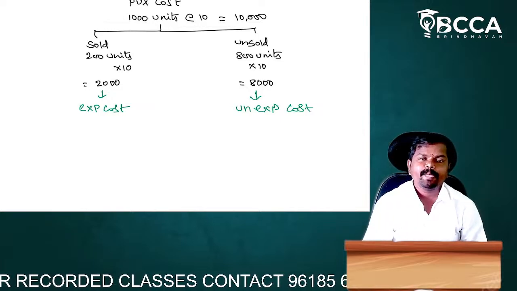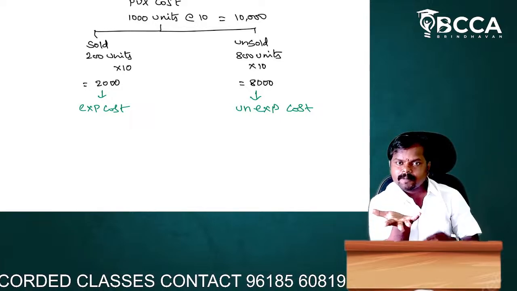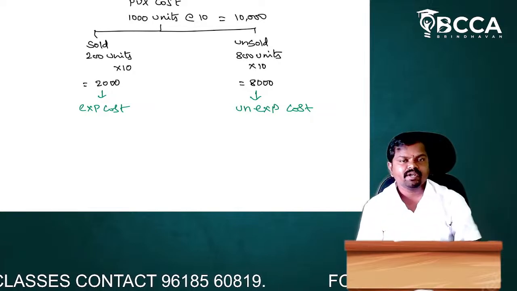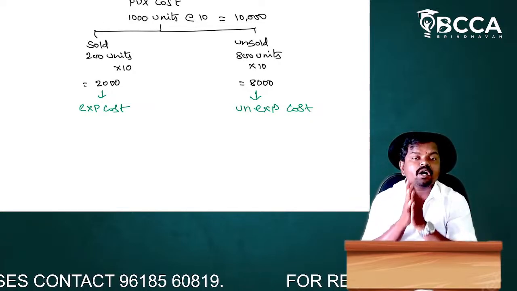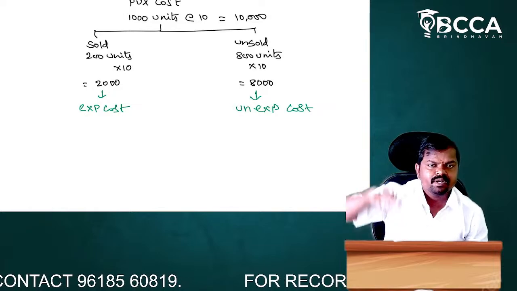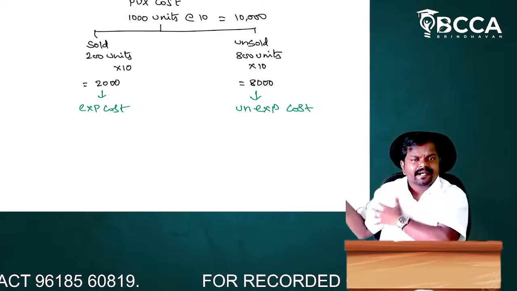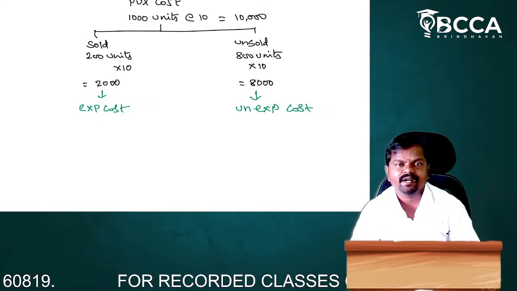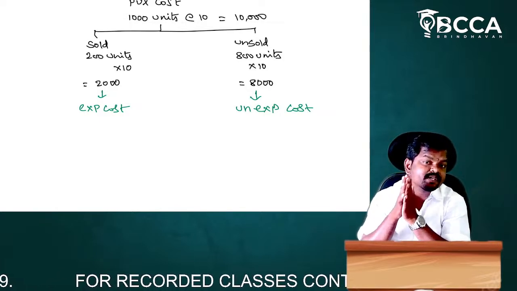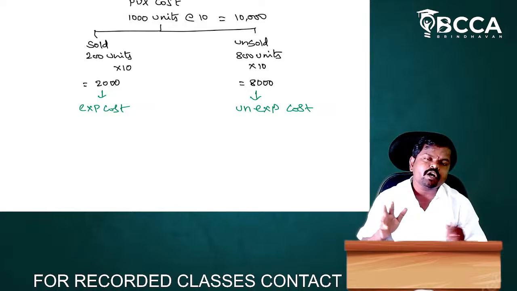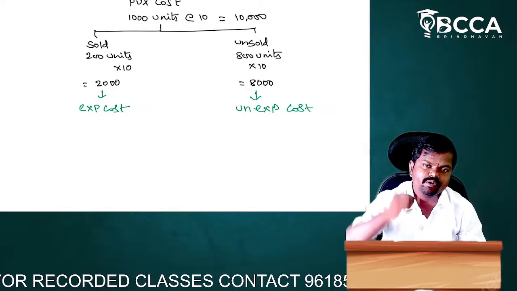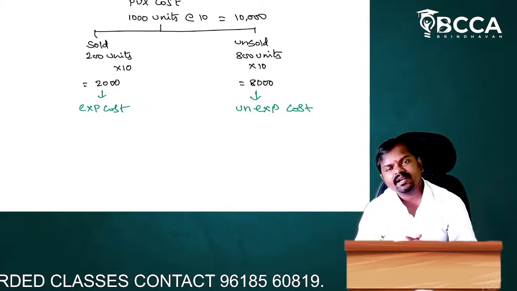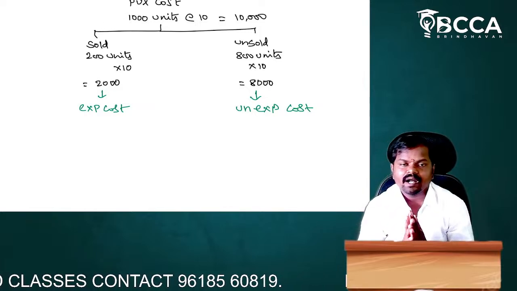Very simple. Expired cost means such cost is charged to the current year revenue. If anything I charge to the current year revenue, such cost is called expired cost. Unexpired cost means cost which is not charged against current year revenue. It is carried forward to the next year or next period. Then such cost shall be referred to as unexpired cost.